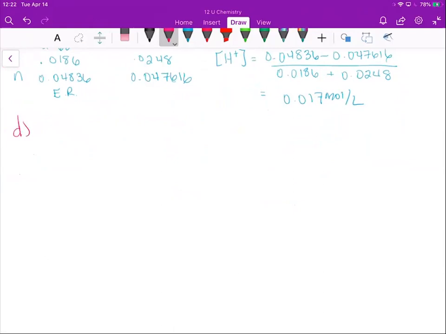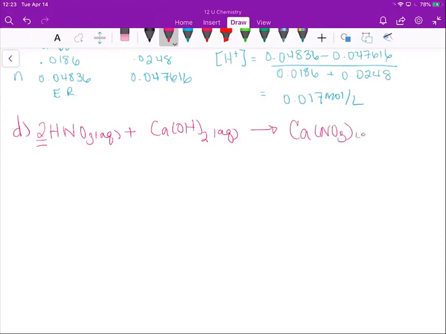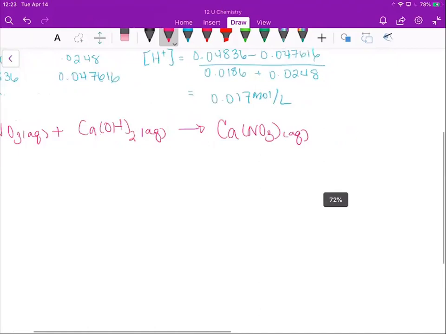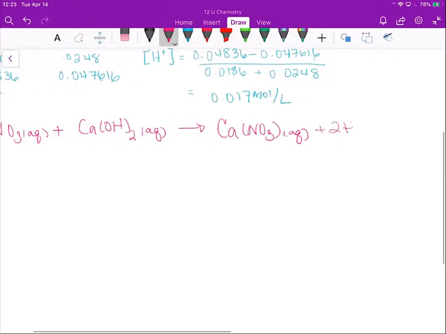Okay, for this one, we're combining nitric acid plus calcium hydroxide. And look, now we're going to need 2 nitric acids to produce calcium nitrate, and you're forming 2 waters.